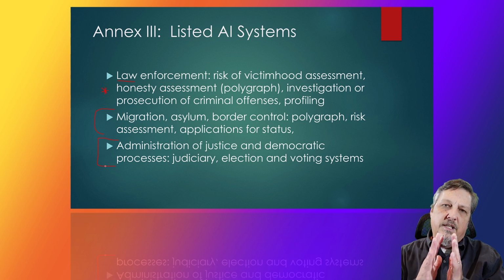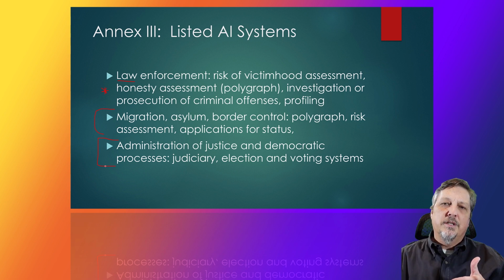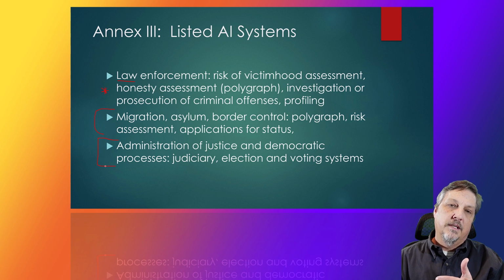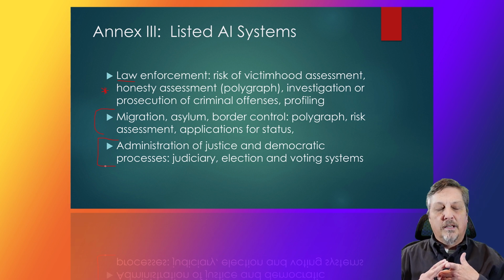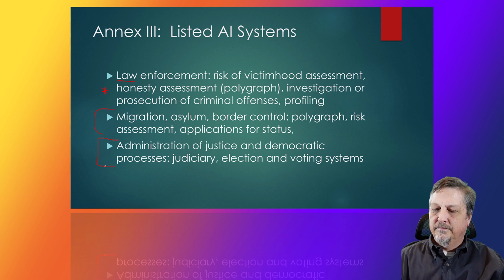So you can see these are domains of education, of employment, of access to civil services, of access to important private services like insurance and credit, critical infrastructure, and then the judicial system, law enforcement.